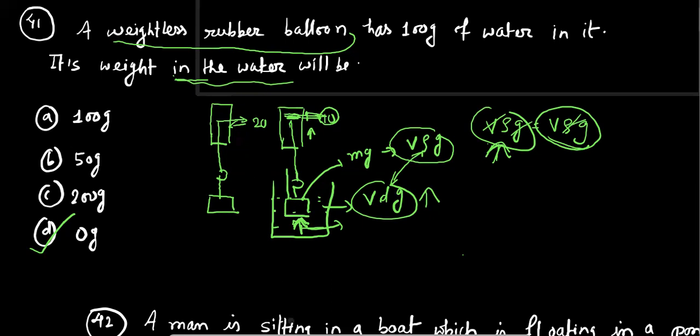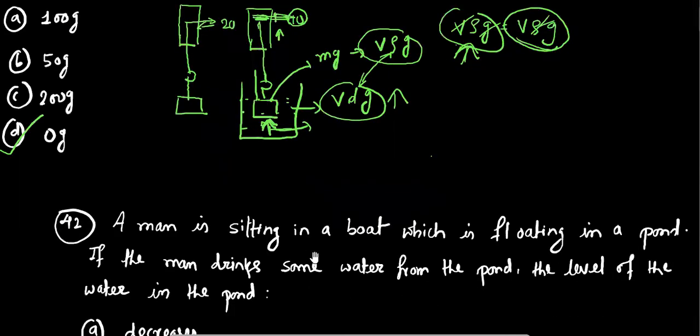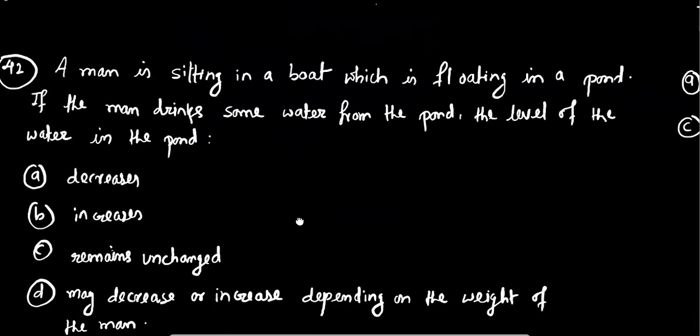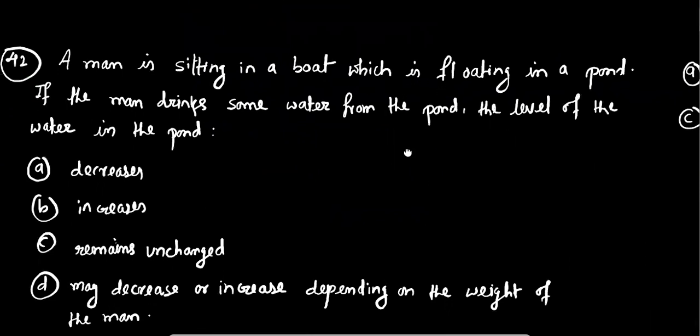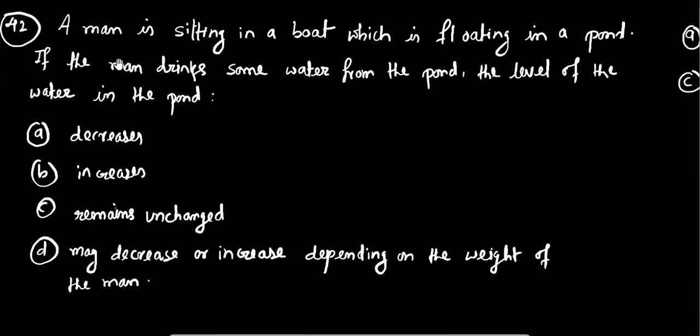Now we are going to discuss question number 42. A man is sitting in a boat which is floating in a pond. If the man drinks some water from the pond, the level of the water in the pond decreases, increases, remains constant, or may decrease or increase depending on the weight of the man. This is similar to the previous question.